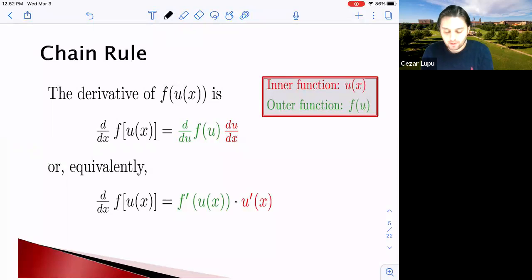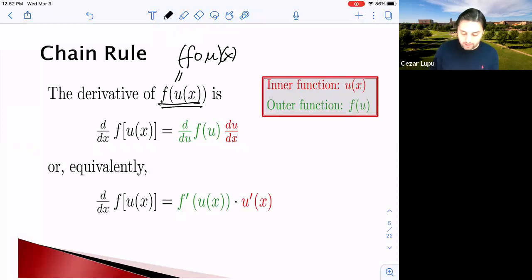So in other words, if we have the composition f composed with u of x, which is given by f of u of x, well, guess what? The derivative of that composite function is nothing else than just the derivative of f of u with respect to u, pay attention to that, with respect to the inner function, times the derivative of u with respect to x.